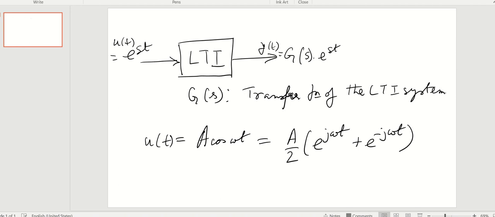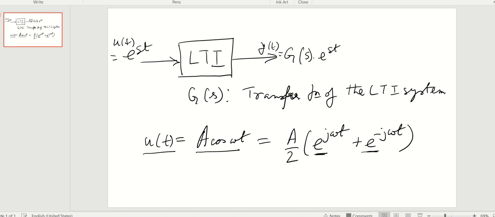And because this is a linear system, we can see what the response due to u of t given by a cos omega t would be if we know what the responses respectively due to a by 2 e to the power j omega t and a by 2 e to the power minus j omega t are.